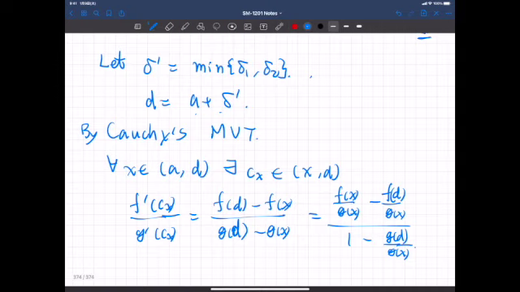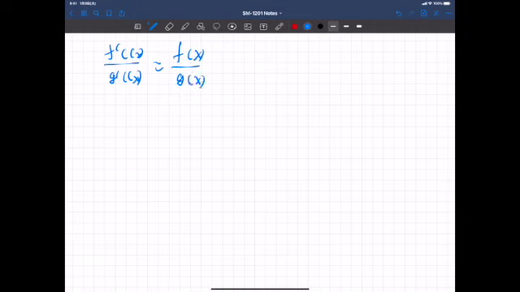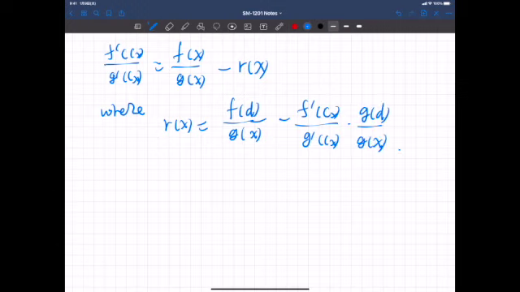Now by rearranging this a little bit, we have f prime cx over g prime cx equals f of x over g of x minus r of x, where this new function r of x is defined in terms of f of d, g of d, f prime of cx, g prime of cx, and g of x.